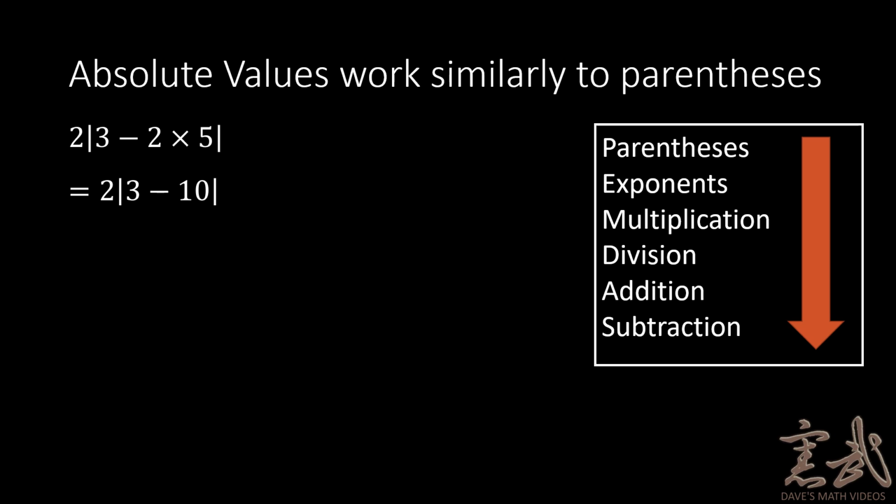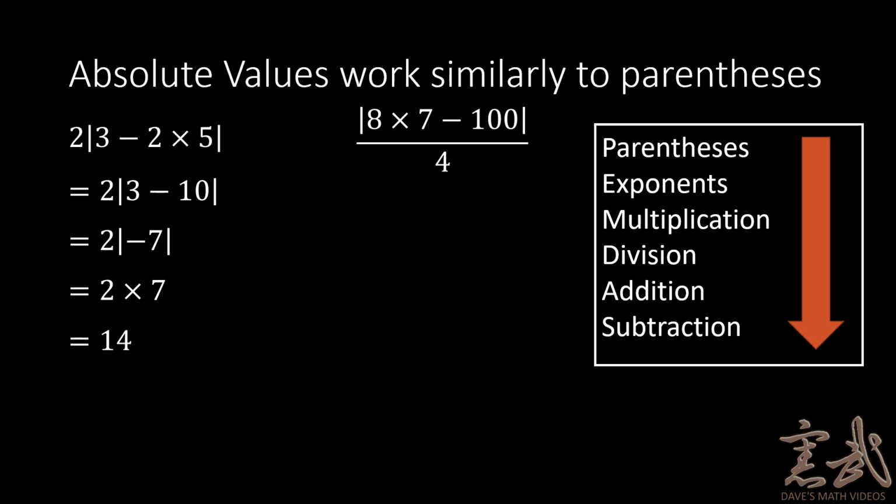And since multiplication takes precedence over subtraction, I now have 2 times the quantity 3 minus 10. This gives me 2 times the absolute value of negative 7. Again, because negative 7 is negative, I will remove the negative sign and I'll simply have 2 times 7, or 14.